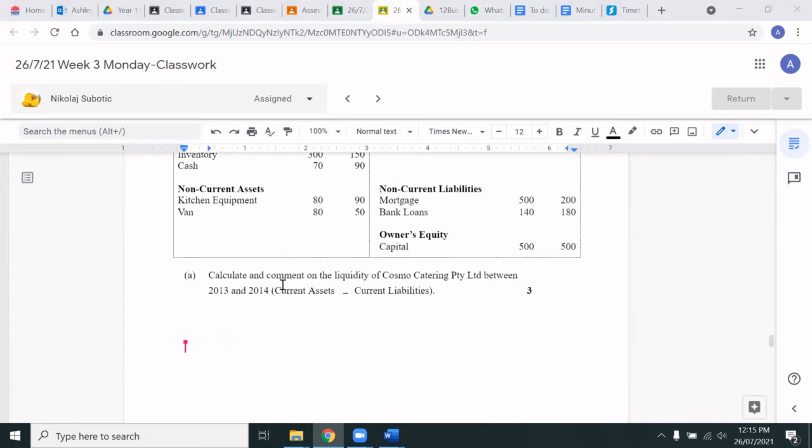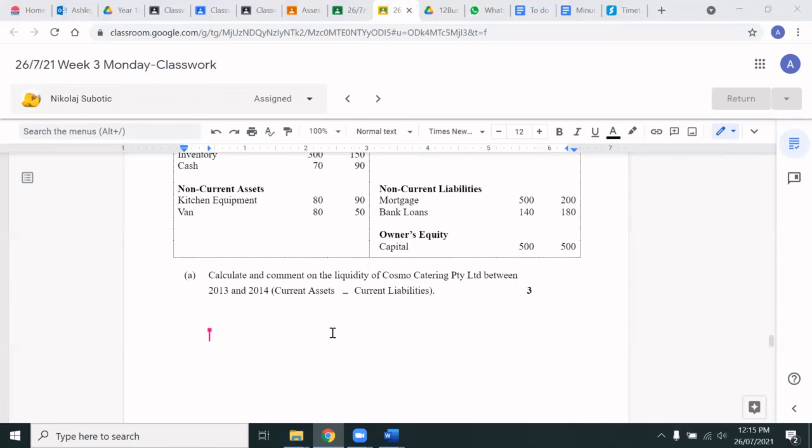So calculate and comment on the liquidity. You need to figure out the liquidity, which is the current assets compared to current liabilities for 2013 and 2014. So I need the working out, but I also need you to say it as a sentence, i.e., if it's 2 to 1, there is $2 of current assets for every $1 of current liability.